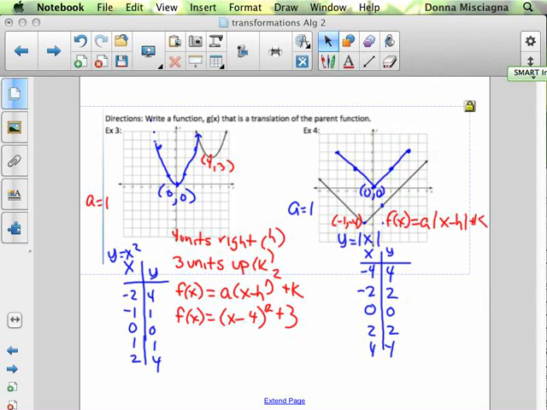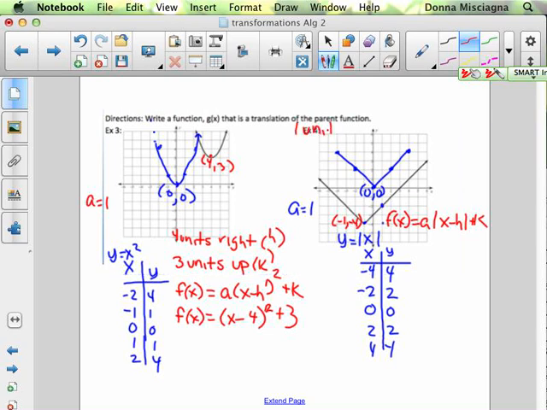That way we can match the writing for the transformed graph. I'll write it up here. So the graph moved 1 unit left. So that's the h. And left is minus. And 4 units down. And that's the k.